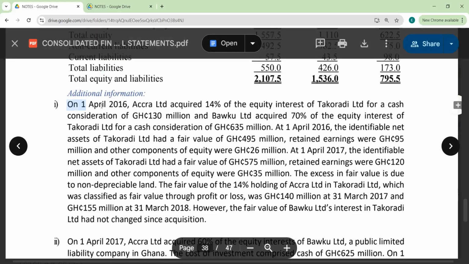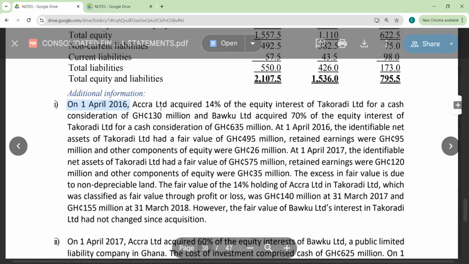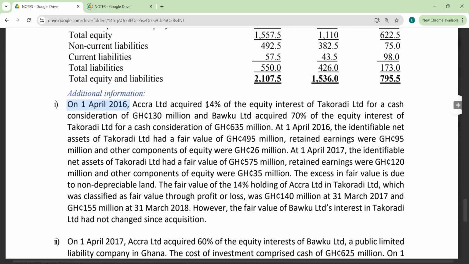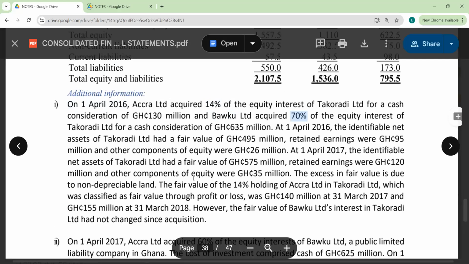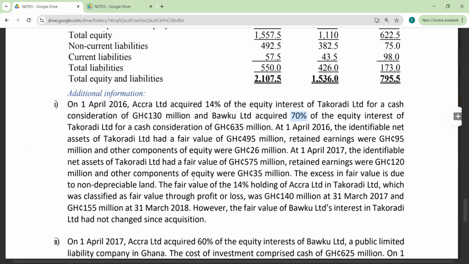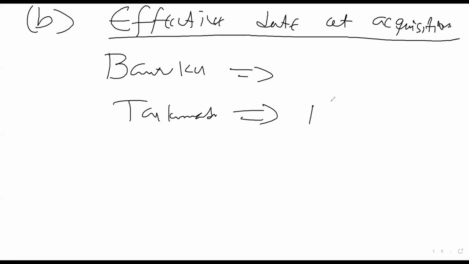On 1st of April 2016, Accra Limited acquired 14. On the same day, Bokun also acquired 70. So the group gained control on that fateful day on 30. So 30, 1st of April 2016. That's all. Don't go and focus on the difficult one.